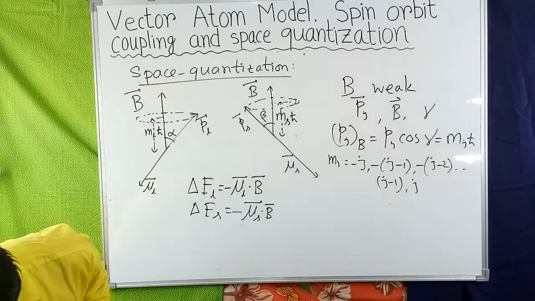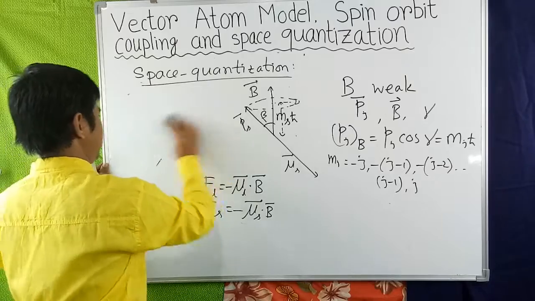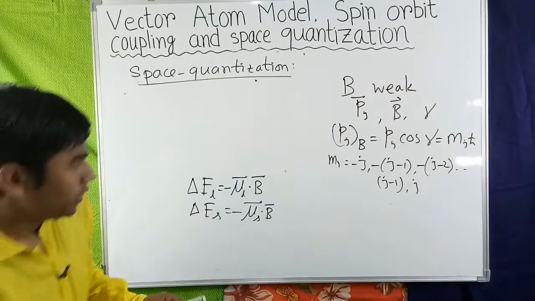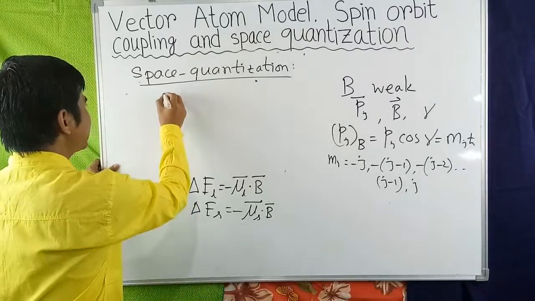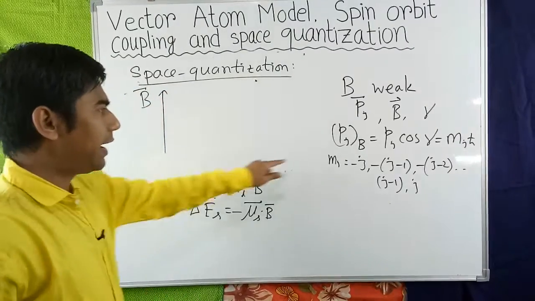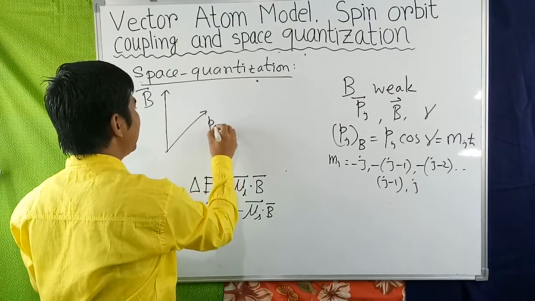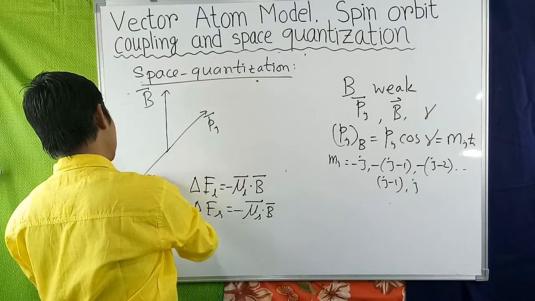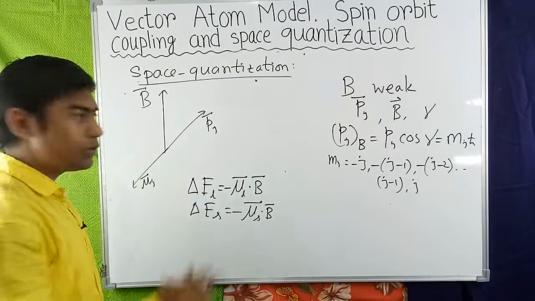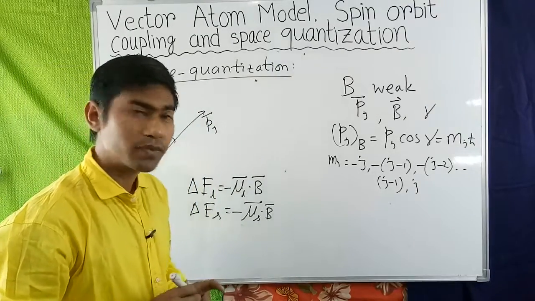Now suppose magnetic induction acts in this direction, so this is the B vector, and suppose this is the PJ vector and this is the mu J vector. The angle between PJ and B is gamma.